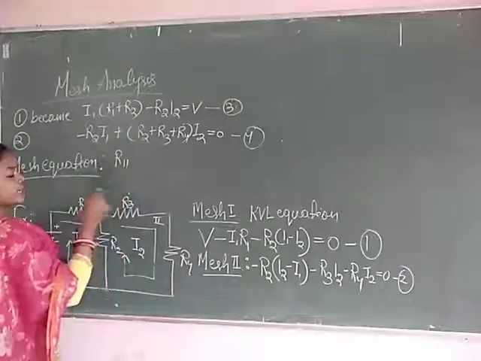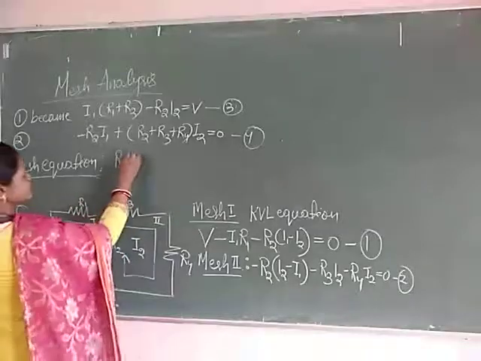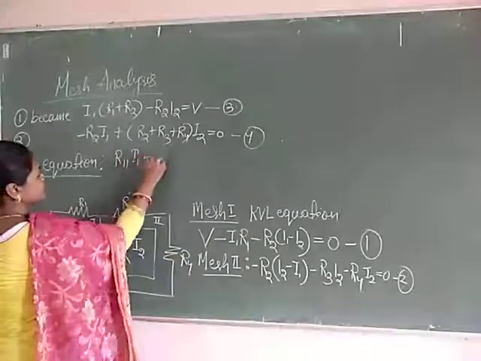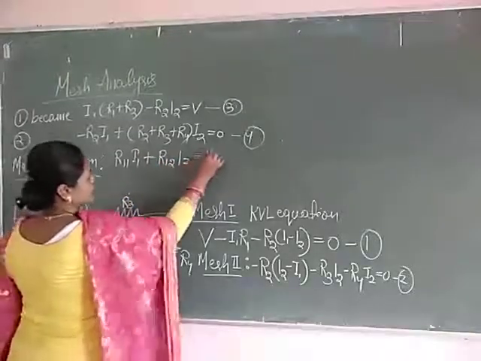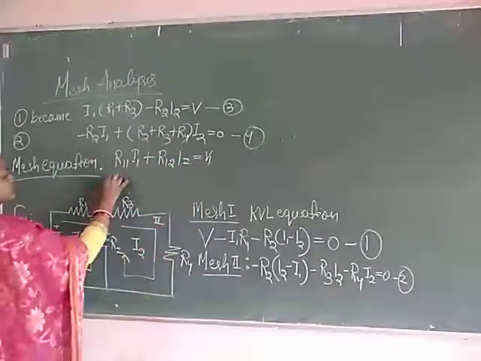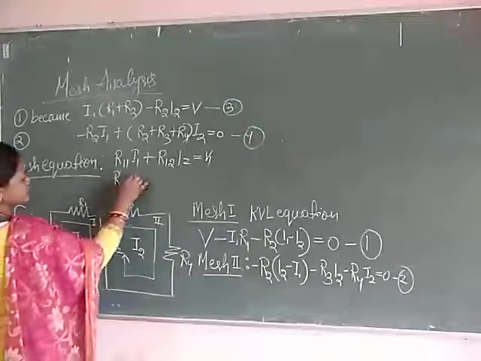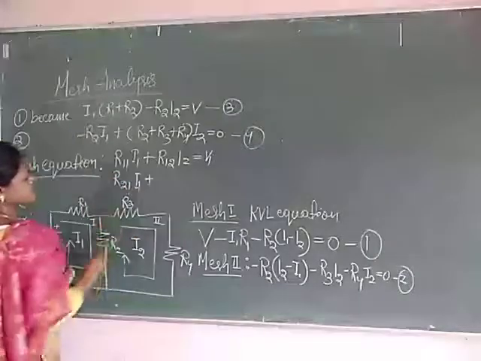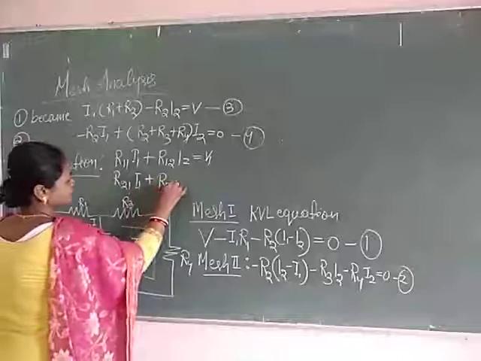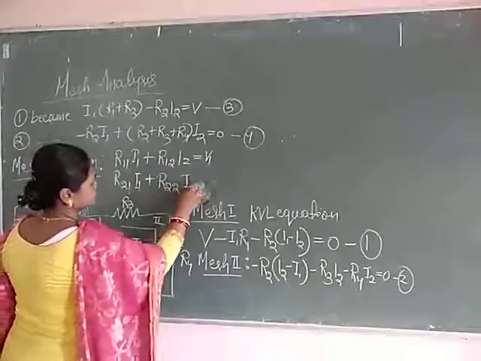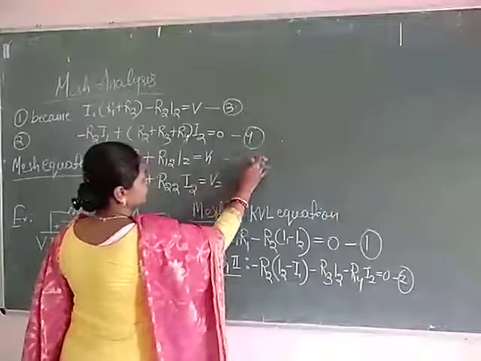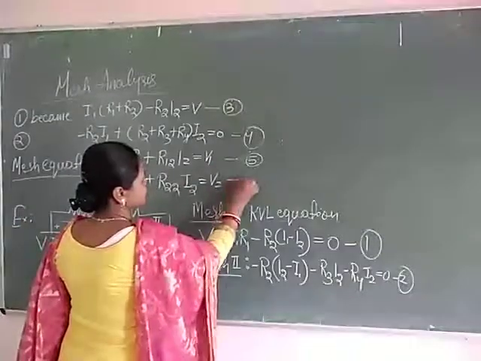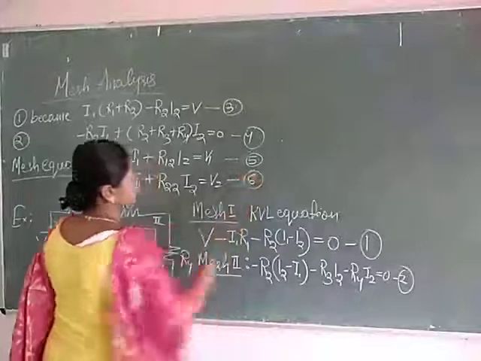I write the mesh equation for the 2 cross 2 matrix. I take this one as equation 5, this one as equation 6.